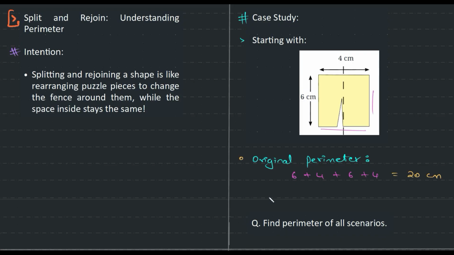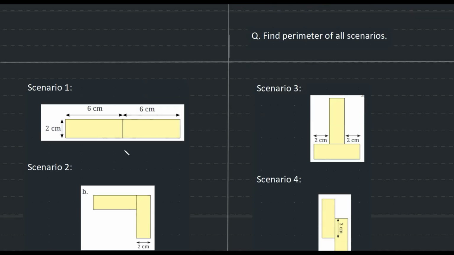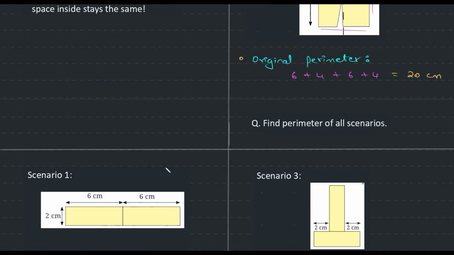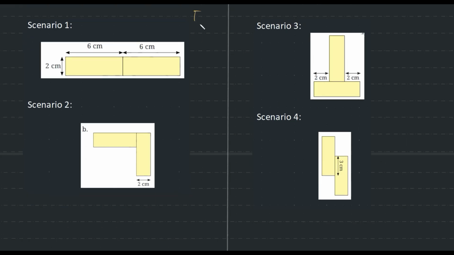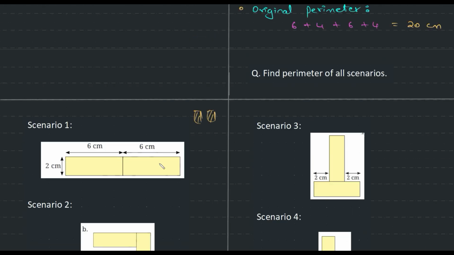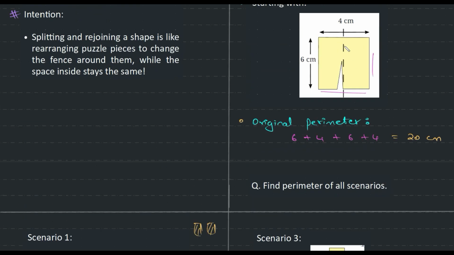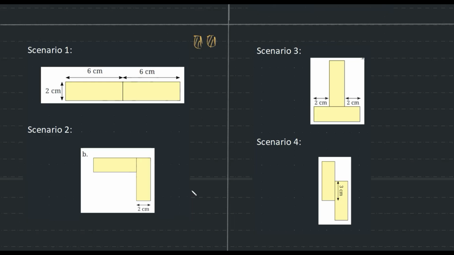Now you are cutting this along the center and rejoining in this manner. So find the perimeter of these 4 scenarios. Pause. You have all the information that you need. Remember, it's exactly cut at the center and then rejoined in this way.